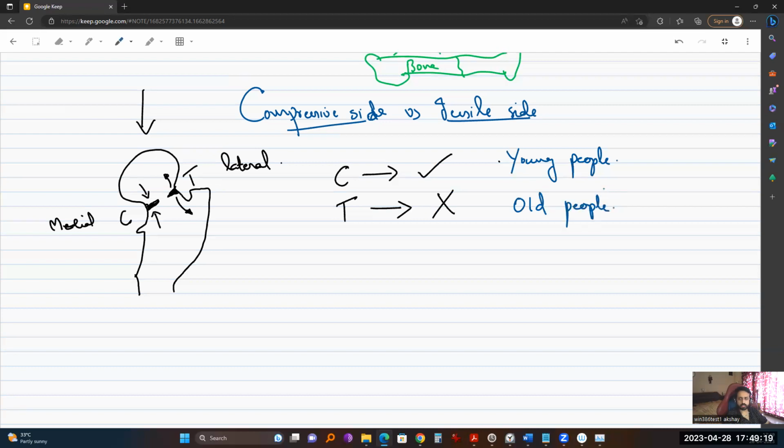That is why a fracture of the femoral neck in old age commonly does not heal. That is one of the reasons, because usually it will be on the lateral aspect, on the tensile side. Since the bones are pulled apart, it does not heal very well.